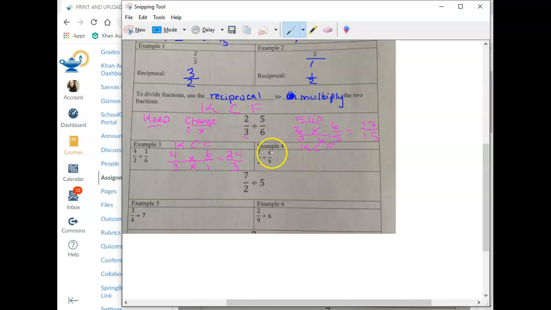Let's keep going. Example 4. We see 7 over 2 divided by 4 over 9. Well, we're thinking keep, change, flip, right? Keep, change, flip. So I take 7 over 2, change the multiplication, and then I flip 9 over 4.